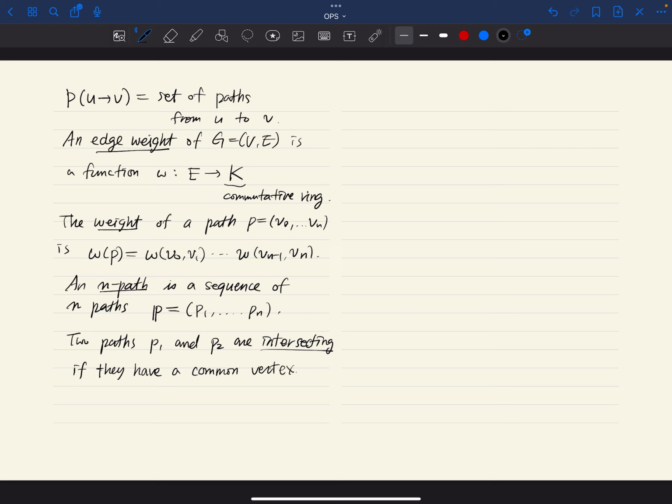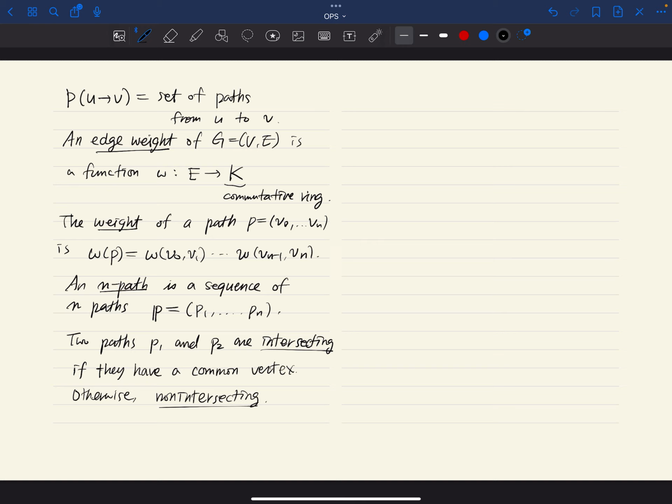Otherwise, they are non-intersecting. Very natural definition, right? I'm going to show you some examples later.